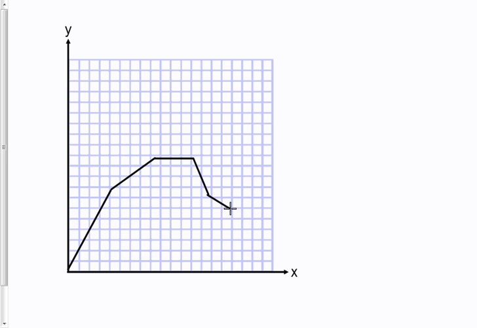Okay, so as we draw these out, we're going to label them A, B, C, D, E, F. Okay, so we're going to go through this one a little bit quicker. Okay, so on this one we're talking about speed.